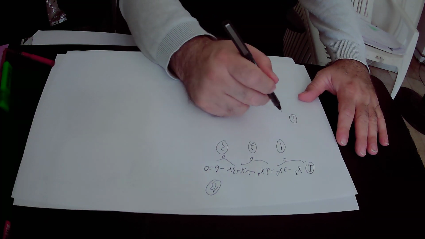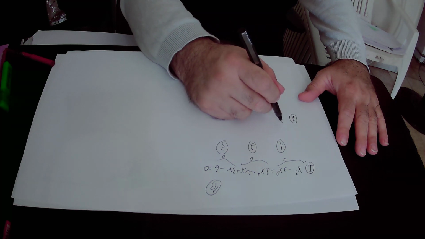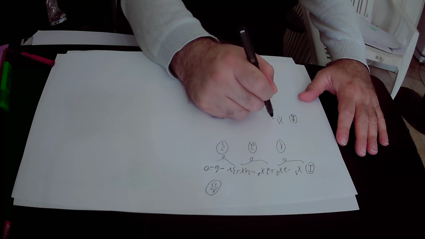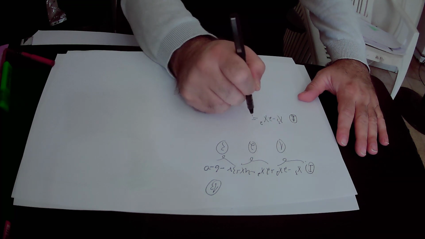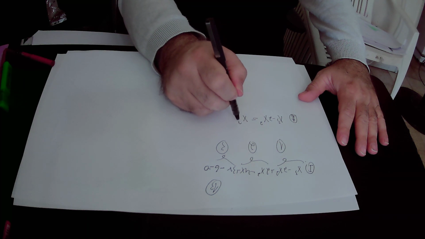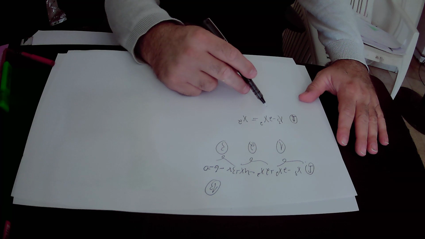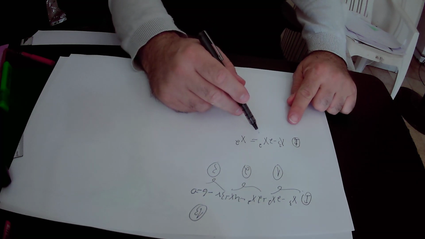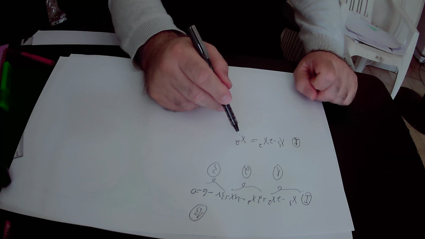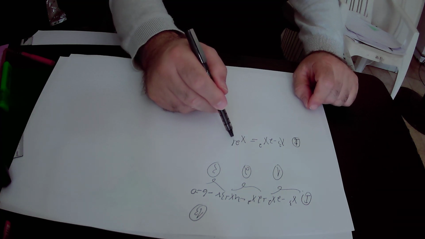From expression number 1, we have x cubed minus 2x squared. We will take a common factor of x squared, and what will we get inside the brackets?